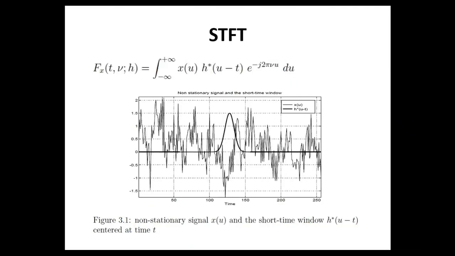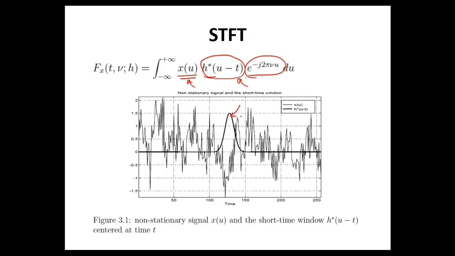Now coming to the STFT, what it does, if you remember properly, in the Fourier transform you get the signal component and this exponential term. However, in the STFT, we have this h star (u minus t), which is basically a window.